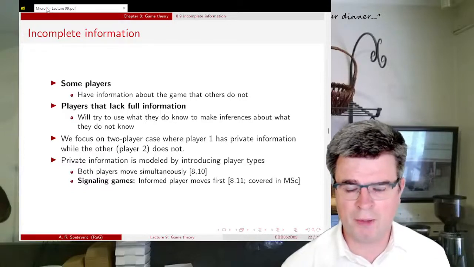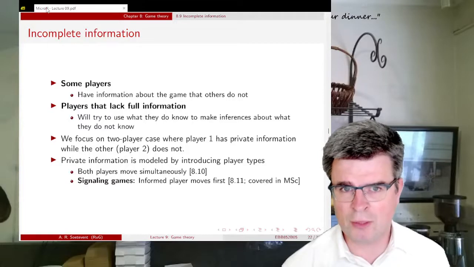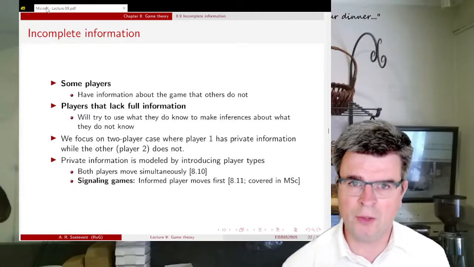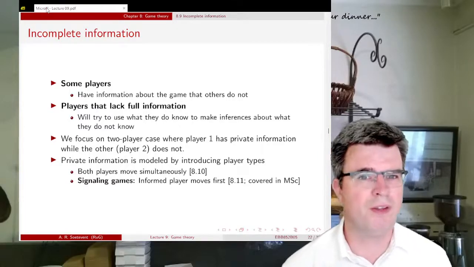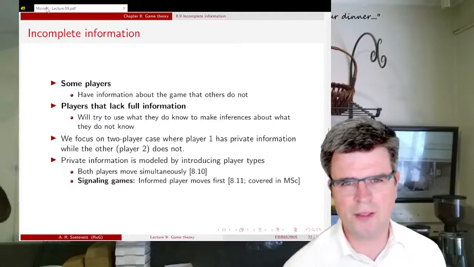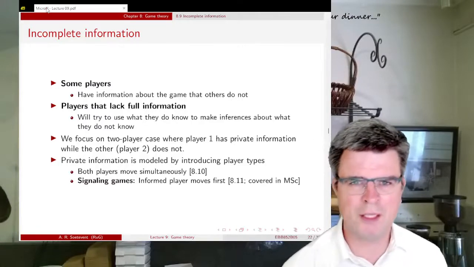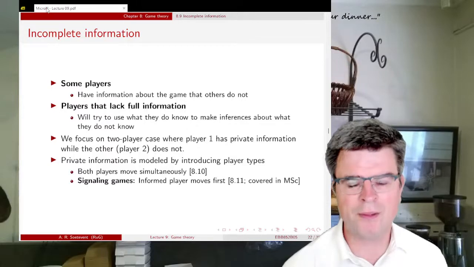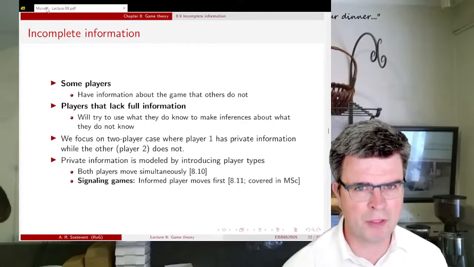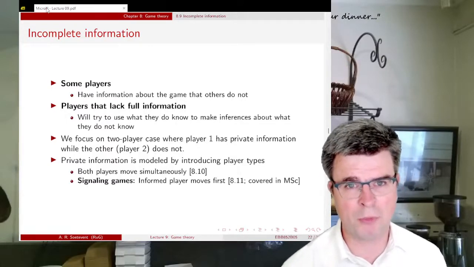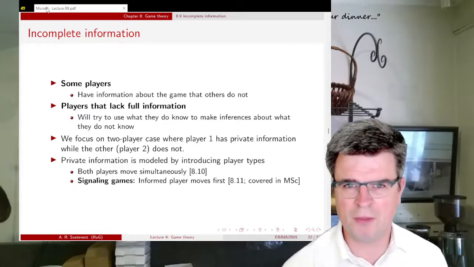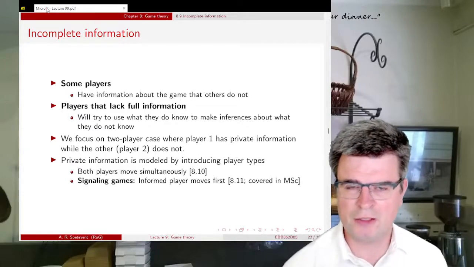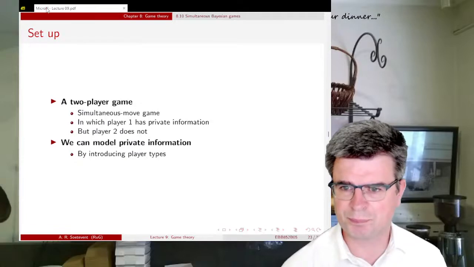Signaling games are covered in the Master of Economics. So if you're interested in that, you still need to wait a bit. But I can assure you that 8.10, games of incomplete information where both players move at the same time, is already very interesting and leads to new insights.